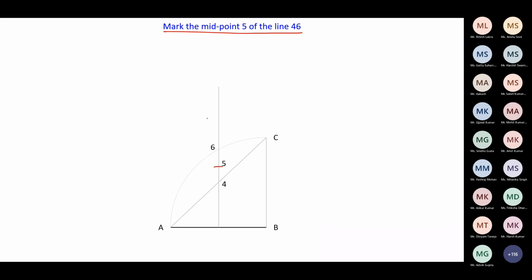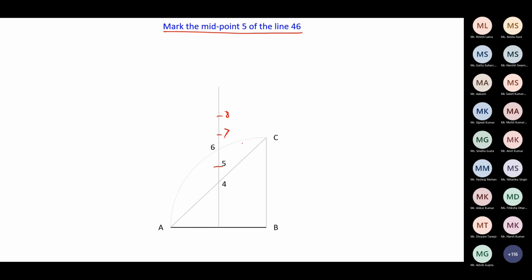Similarly, if we want to construct the next, the heptagon, then what we do? We take the distance 4, 5 in the compass, then mark here, again 7. Then take the same distance 4, 5 in the compass, mark here. We'll get point 8. So in this way we can go on constructing.